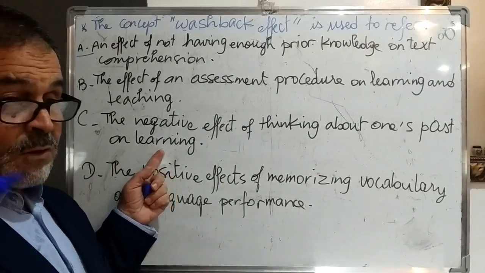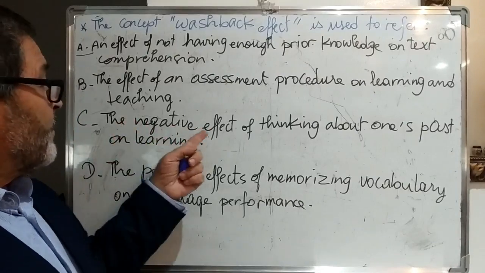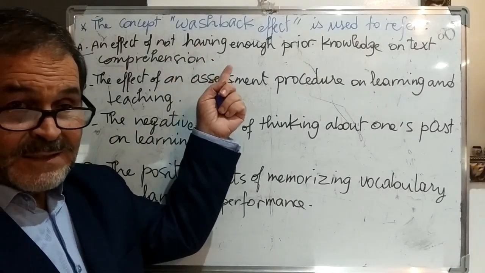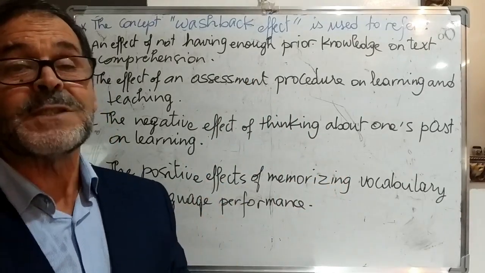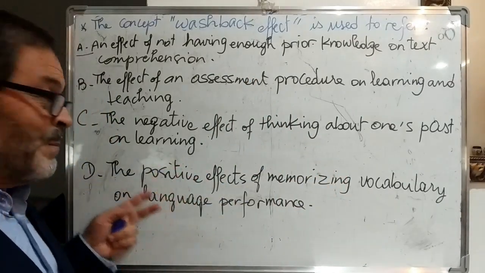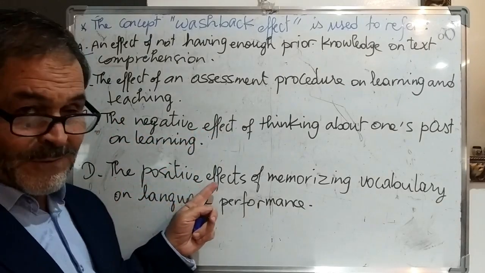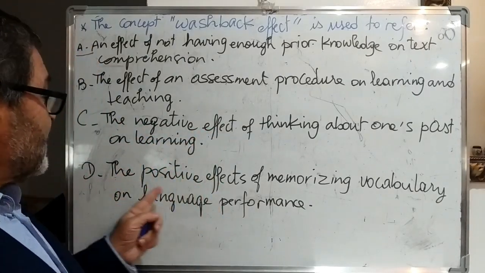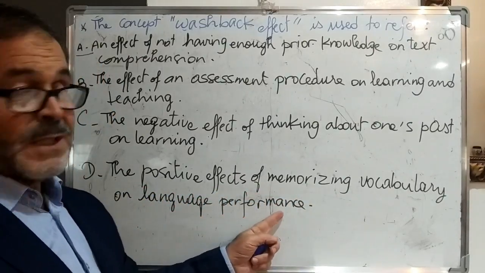So we talk about learning in the past, but the negative effect, when we use washback, it can give a negative effect, it can give a positive effect. So here in B, in C and D, we have the negative effects and the positive effects: the positive effects of memorizing vocabulary on language performance.